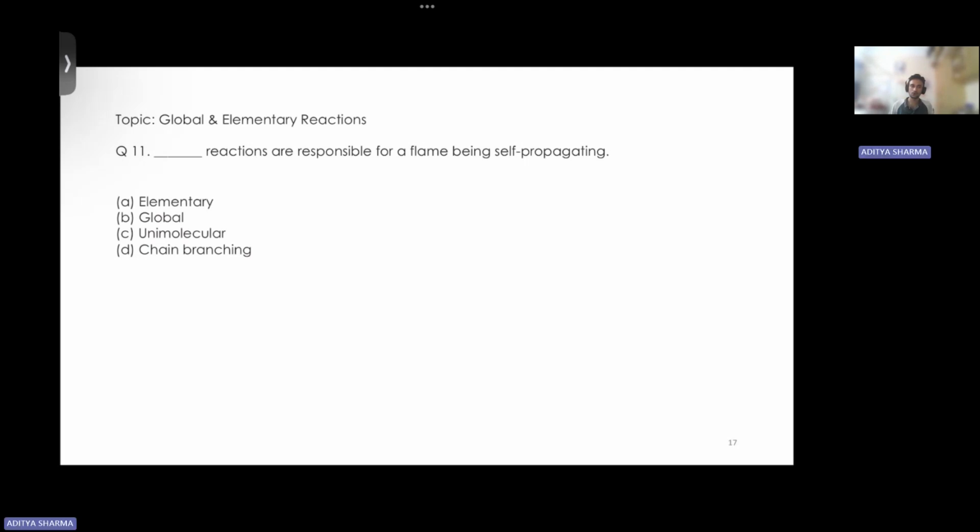The question is on global and elementary reactions, the broad properties. And the question states that gas reactions are responsible for a flame being self-propagating.